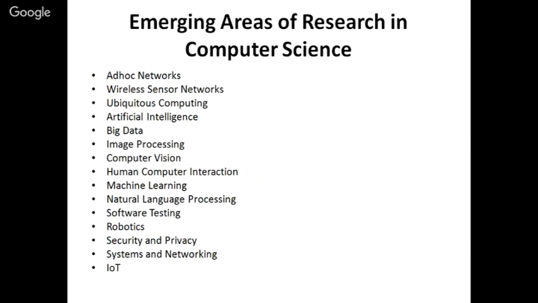In the case of ad hoc networks, you can work upon ubiquitous computing. You can work upon artificial intelligence. You can work upon big data. You can work on image processing, computer vision, and human computer interaction, which is nowadays one of the major areas of research. It is also a somewhat upcoming field in which researchers are doing multidisciplinary research, like people from computer science and electrical engineering doing collaborative research.